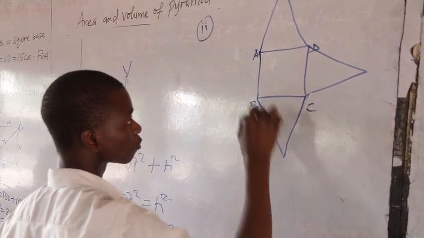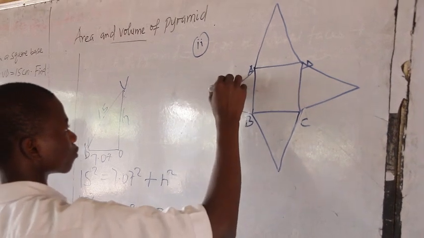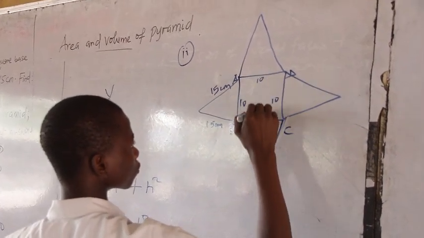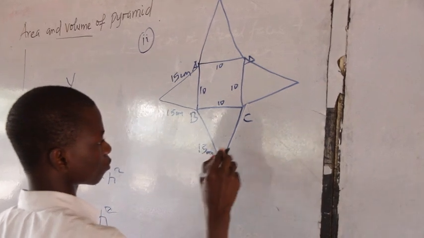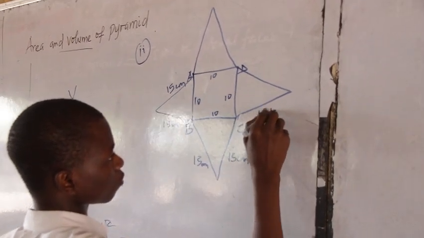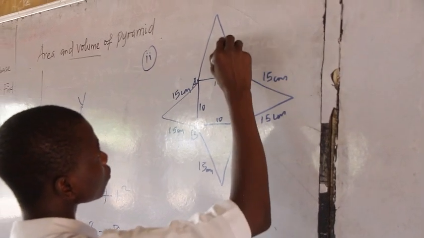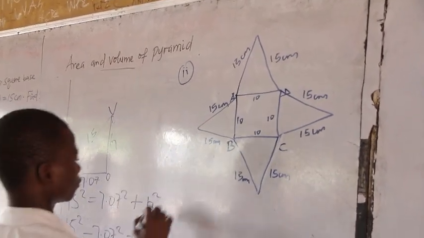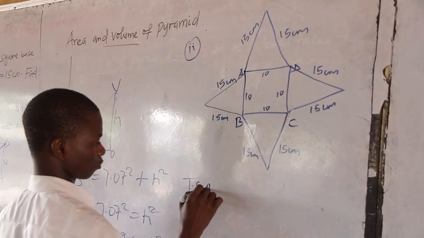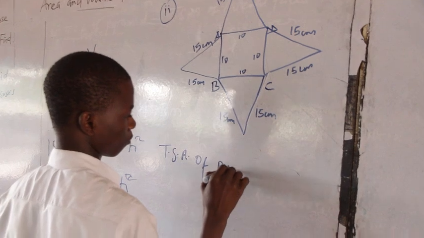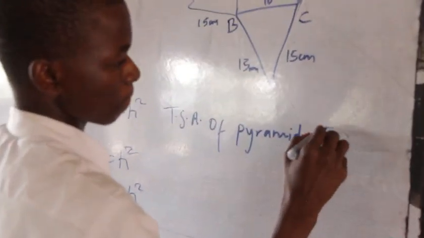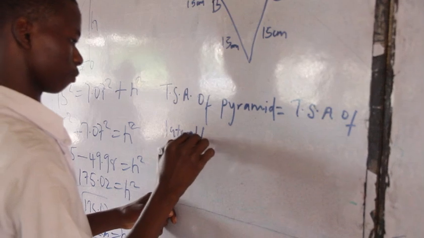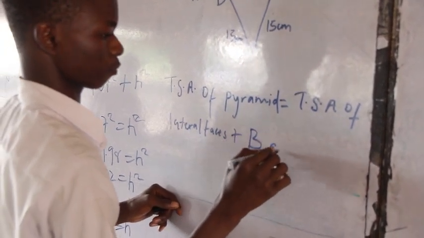Don't worry about the diagram. That's a rough sketch. Okay, total surface area is the surface plus this area.